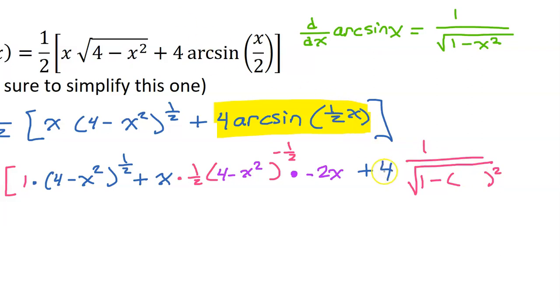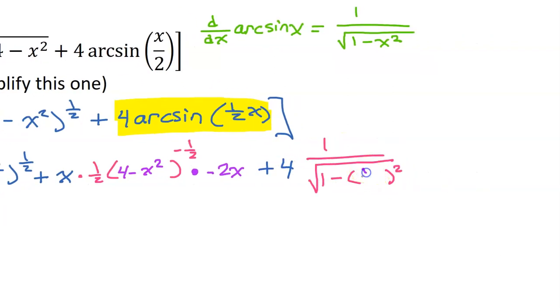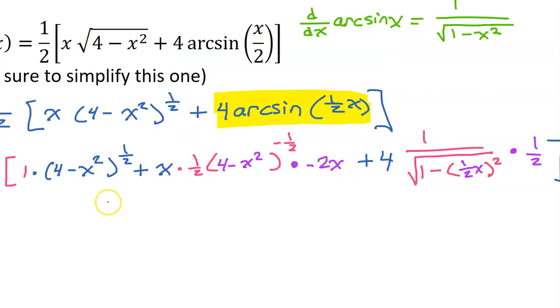So I'm going to go ahead and put that function in now. So I will have 1/2 x here. But because I do have a function inside of the function, the chain rule demands I now multiply by the derivative of that inner function. The derivative of 1/2 x is 1/2.